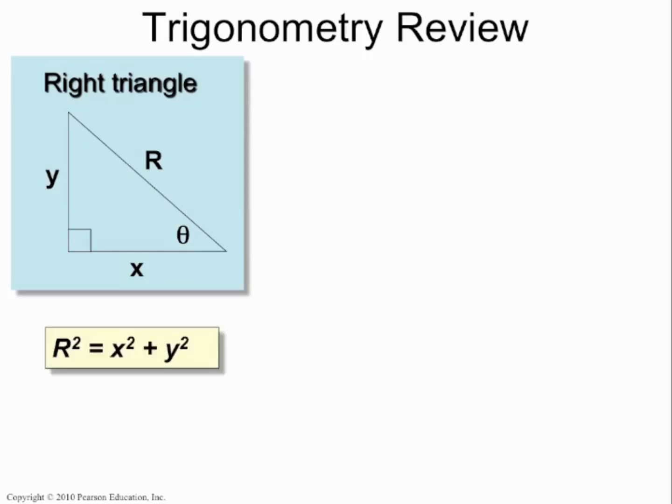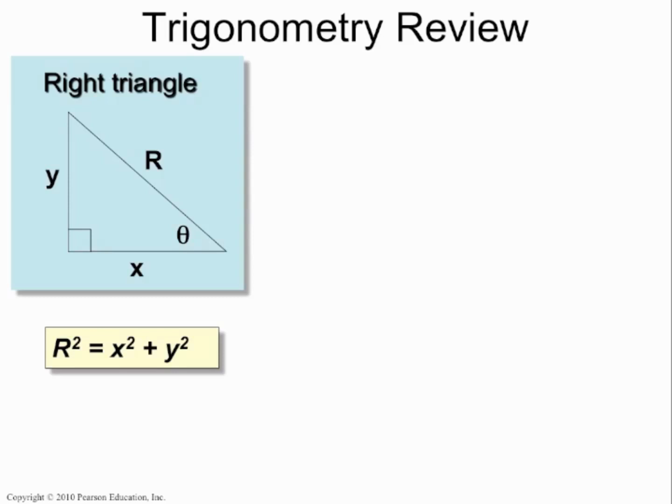Okay, so the first thing, and this is the most obvious thing, from the Pythagorean theorem, the hypotenuse squared equals the adjacent side squared plus the opposite side squared. Or if you want to think of it this way, the hypotenuse squared equals one leg squared plus the other leg squared.